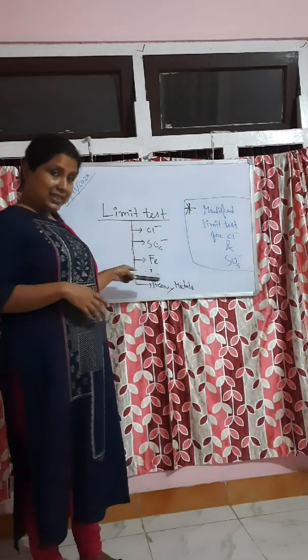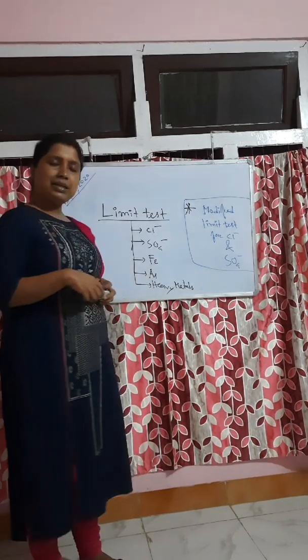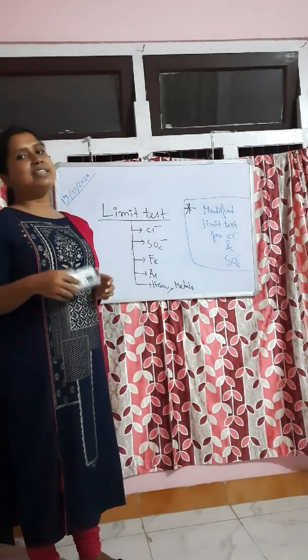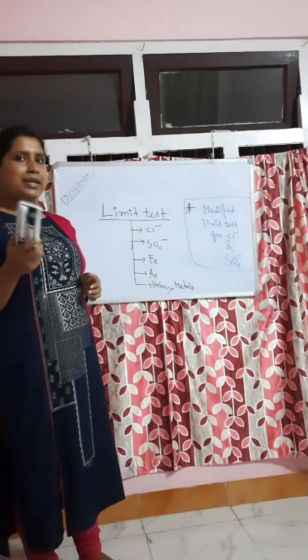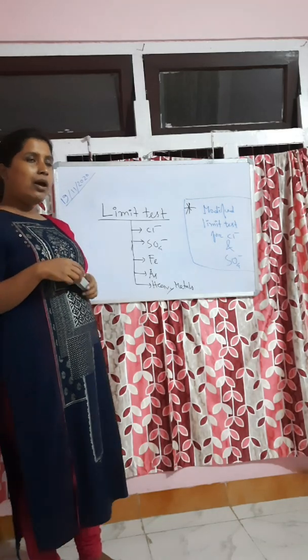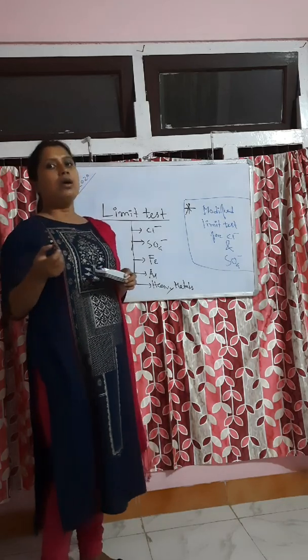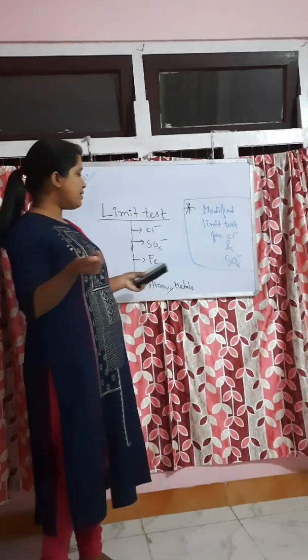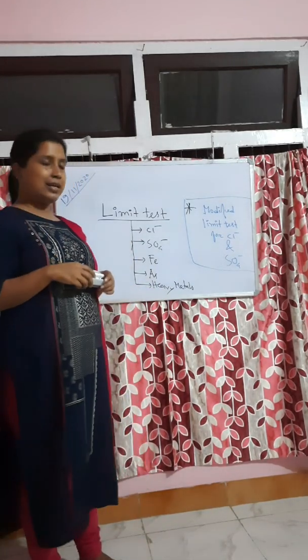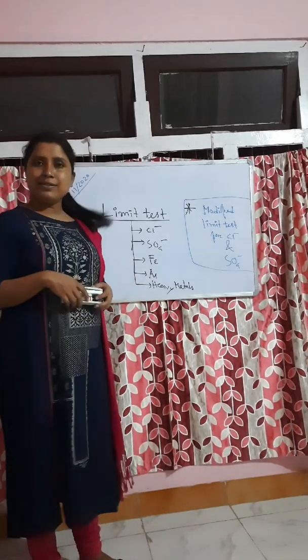Then the arsenic. The arsenic limit test I'll explain properly in the physical class. Already I have provided one video. You might have watched it, but it will be good when I explain this arsenic limit test in the physical class.